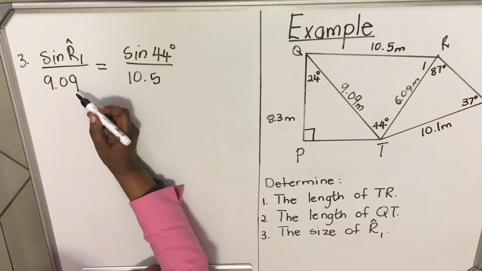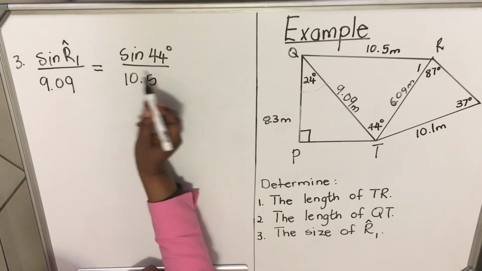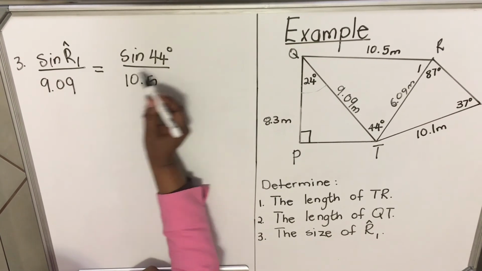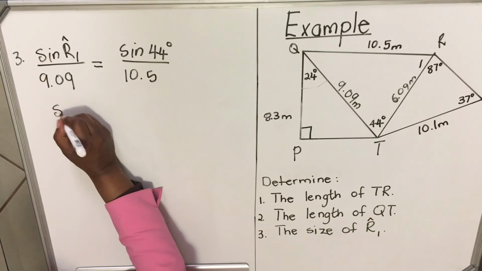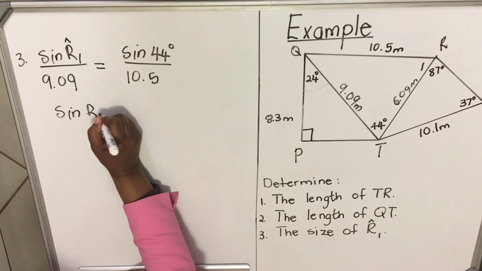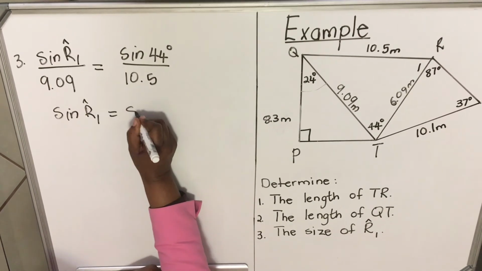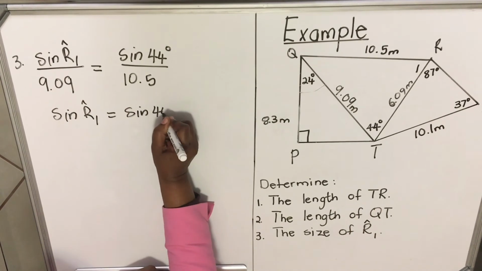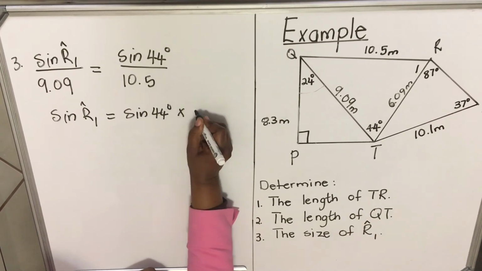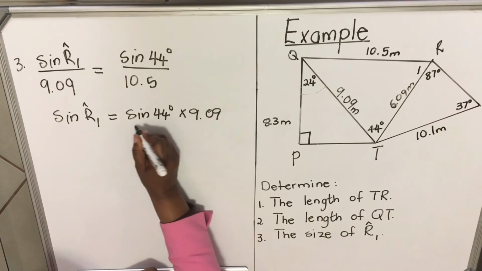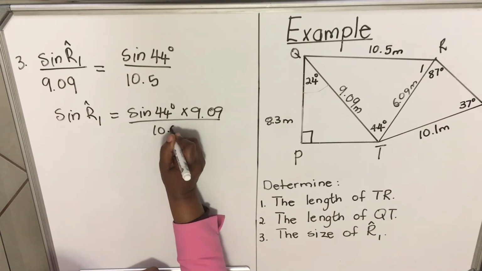And then this is like that question where we don't necessarily have to cross multiply. You can multiply this here. So we have sine R1 is equal to sine 44 degrees multiplied by 9.09 divided by 10.5.